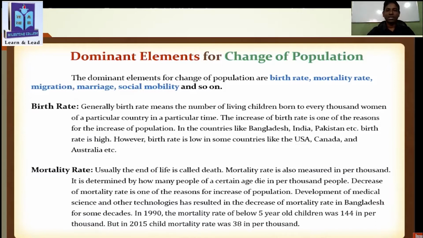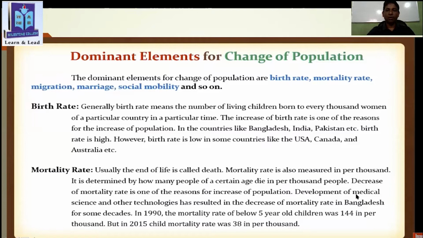Okay, now mortality rate. Mortality means death, right? Usually the end of life is called death. Very important: mortality rate is also measured per thousand. It is determined by how many people of a certain age die per thousand people. So this is called mortality rate. You must underline it. The decrease of mortality rate is one of the reasons for the increase of population.